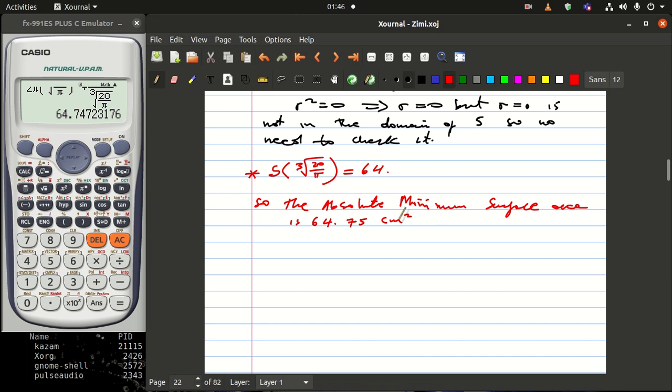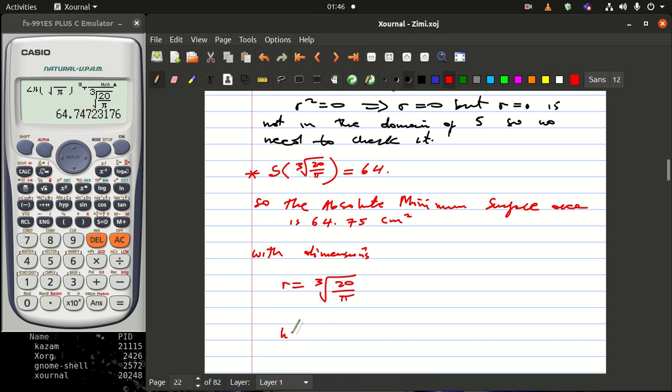So that is actually the absolute minimum with the dimensions. My r is actually, because this is the r that I have inside, going to be the cube root of 20 over pi.